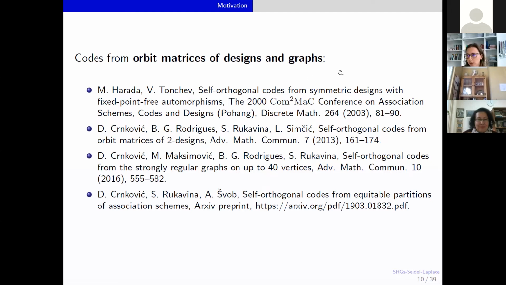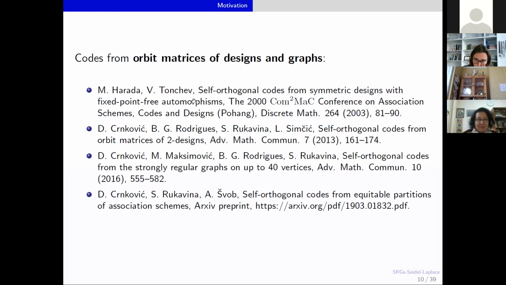This research actually started with a paper by Harada and Tonchev, in which they gave a method for constructing self-orthogonal codes from orbit matrices of symmetric designs, but with fixed point-free automorphisms. So here they obtained a very nice family of codes from particular designs having fixed point-free automorphisms.